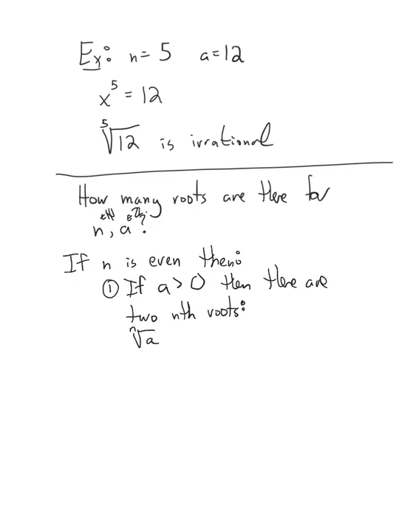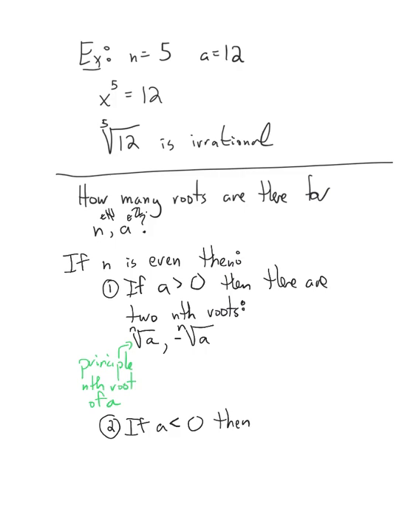and this guy is called the principal nth root of a, and it's negative. But if a is less than 0, then there are no nth roots.